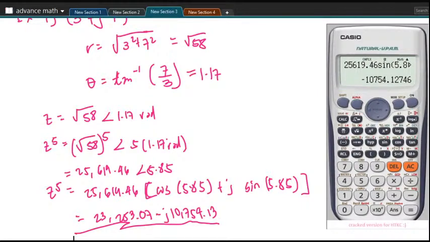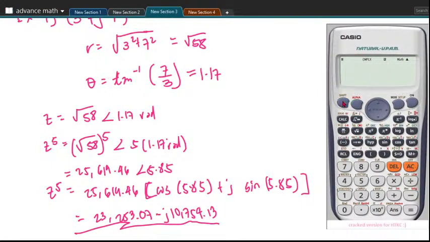There is also a shortcut in the calculator for doing this. For example, if we are going to convert rectangular form into polar form, say we are given 3 plus 6i, first you must have your calculator in complex mode. Let's begin from the beginning.